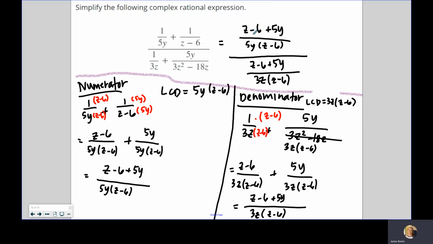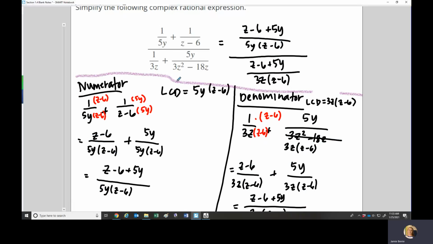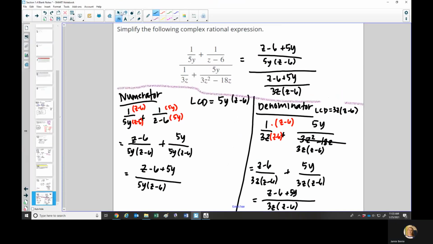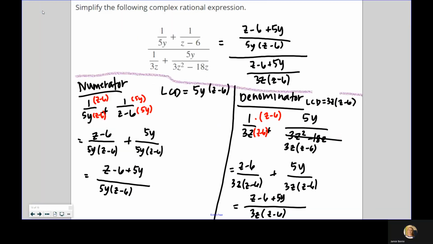Now we have a fraction over a fraction. Now we can keep, change, flip. Let me insert a blank page here and then we will copy that over. I'm going to write it down on my paper so I don't mess it up.